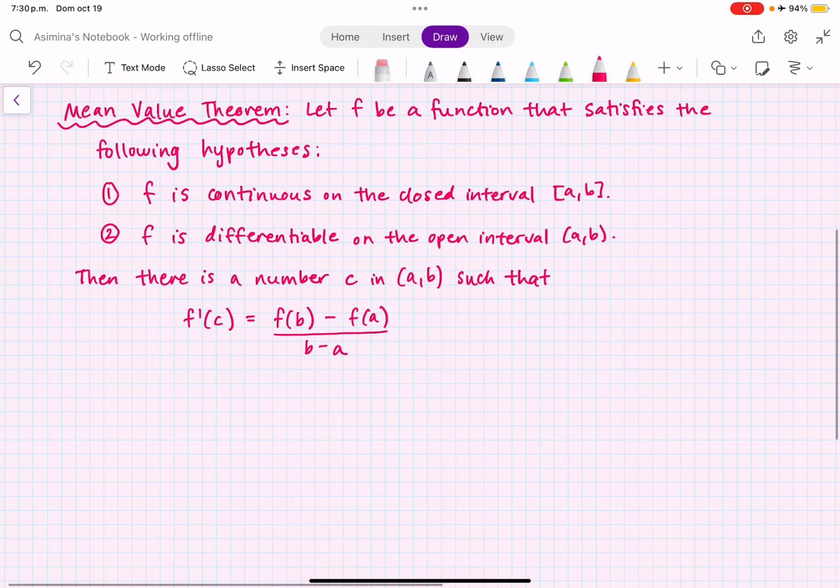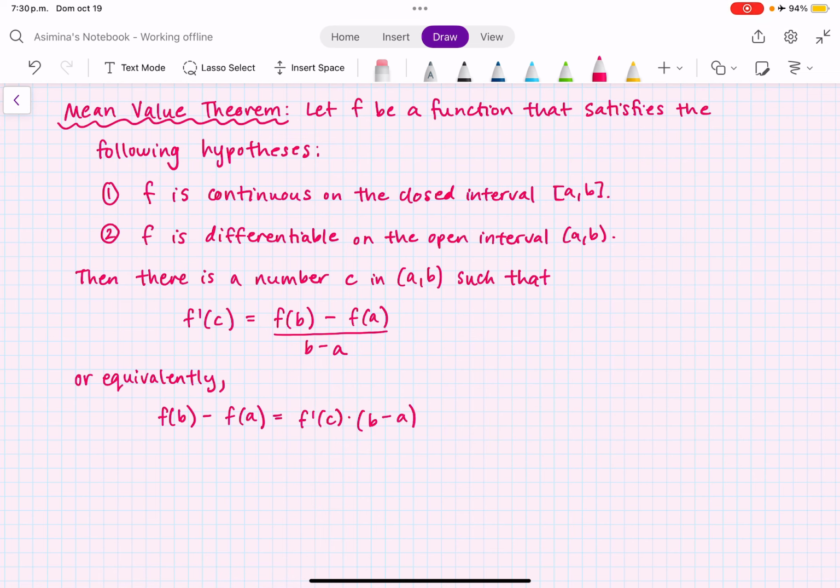Or equivalently, we can multiply both sides by b minus a and write this as the following: f of b minus f of a equals f prime of c times b minus a.